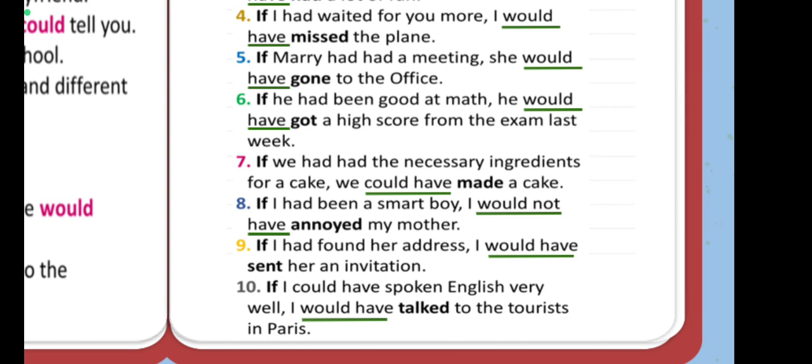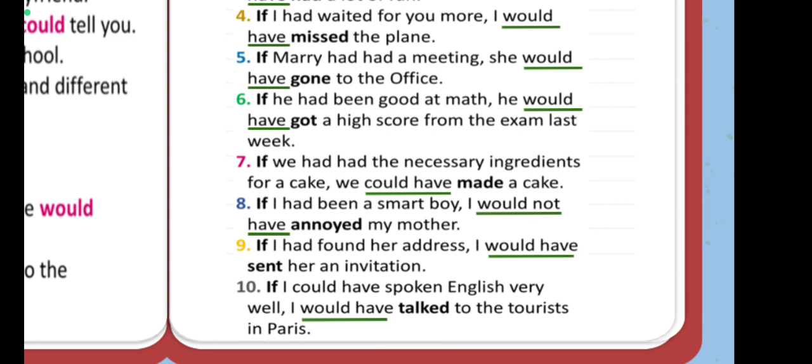If he had... sorry. Let me start again. If he had been good at math, he would have got a high score from the exam last week. If we had had the necessary ingredients for a cake, we could have made a cake.